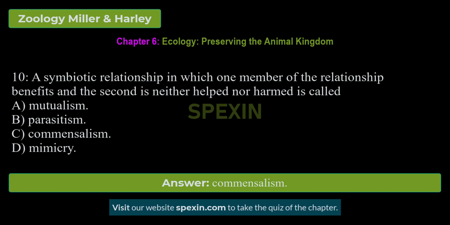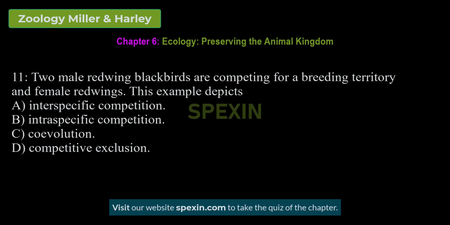Correct answer: commensalism. Two male red-winged blackbirds are competing for a breeding territory and female redwings. This example depicts interspecific competition, intraspecific competition, coevolution, competitive exclusion.